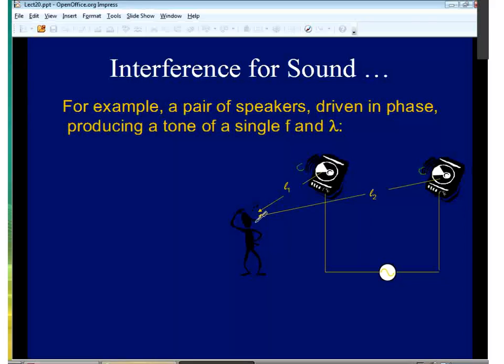So if you have fixed path difference, it will give rise to fixed angle difference or phase difference, fixed, constant phase difference, not variable phase difference. Variable phase difference will happen if this fellow keeps on moving here and there, or you keep changing position of some speaker.